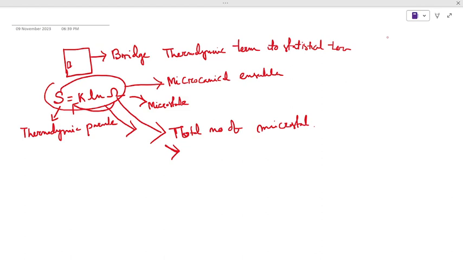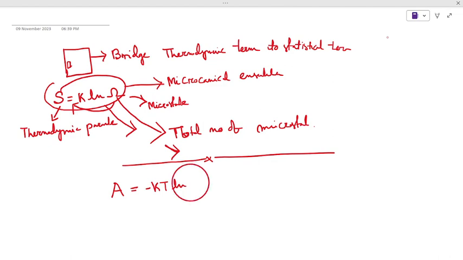But in the canonical ensemble, what happens? In the canonical ensemble, the same term is A equal to minus kT ln Q, and here Q is the partition function.